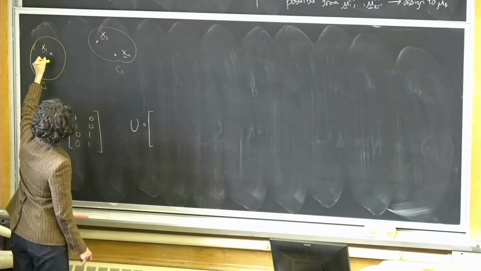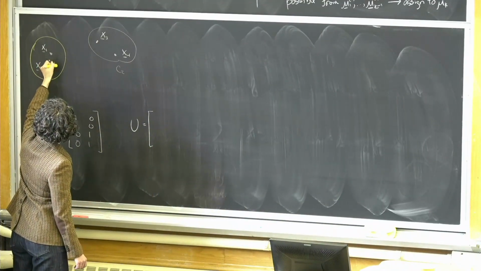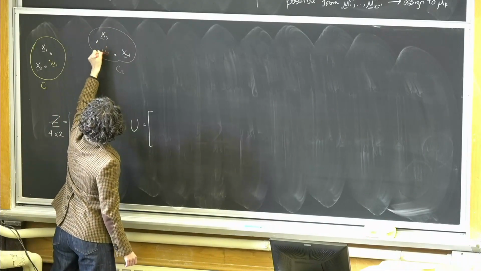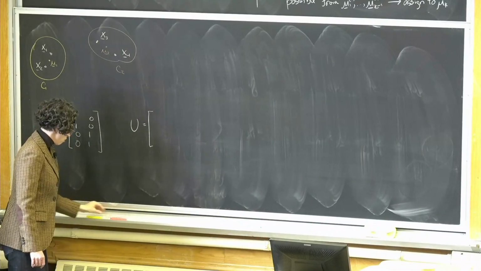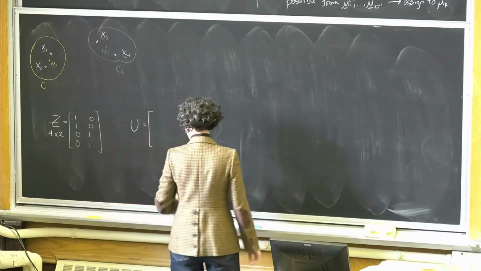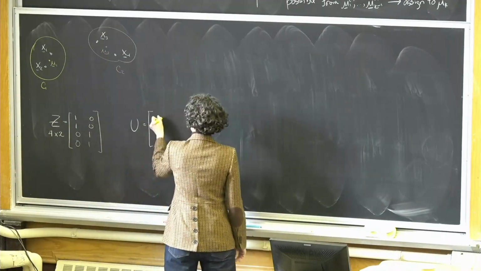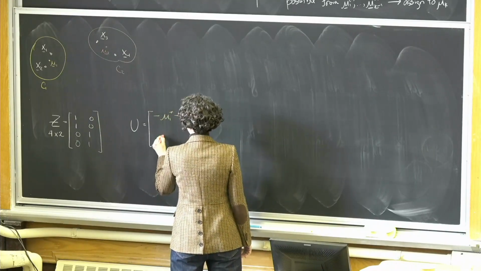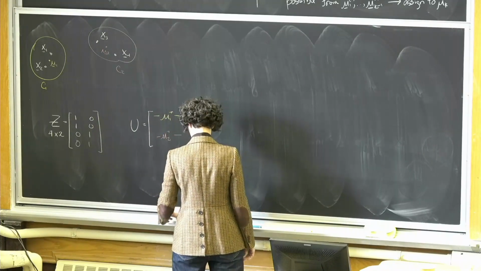So let's say that here I've got my mu1, and here I've got my mu2. So this U matrix is going to have mu1 transpose and mu2 transpose.